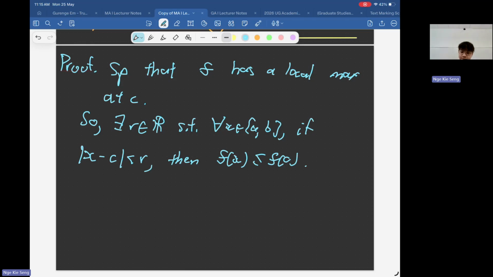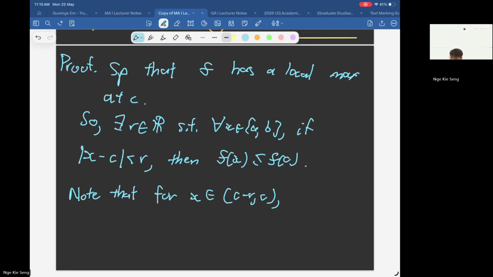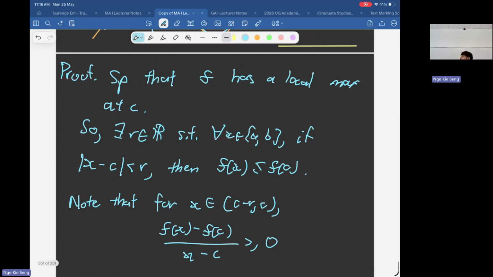Well, what should we do here? For the left-hand side of c, (f(x) minus f(c)) over (x minus c) should be greater than or equal to 0. Can we verify this? Is f(x) minus f(c) positive or negative?